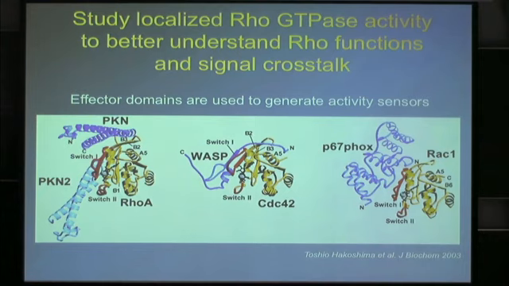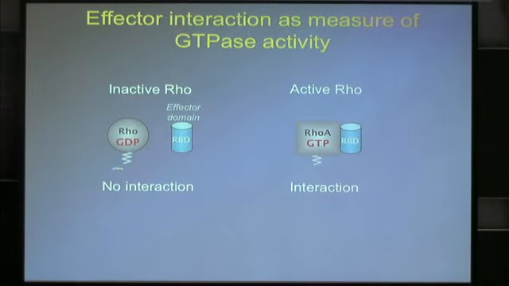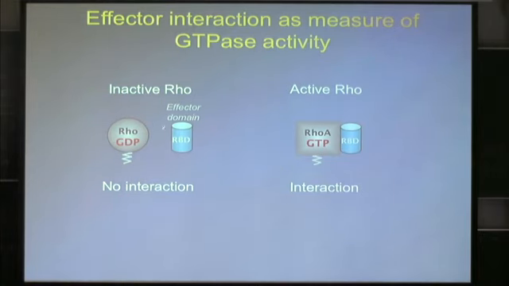The way we use those domains is that we produce a protein of this effector domain, and this domain will not interact with the inactive Rho GTPase, but it will interact with the active Rho GTPase. This is the basic principle.